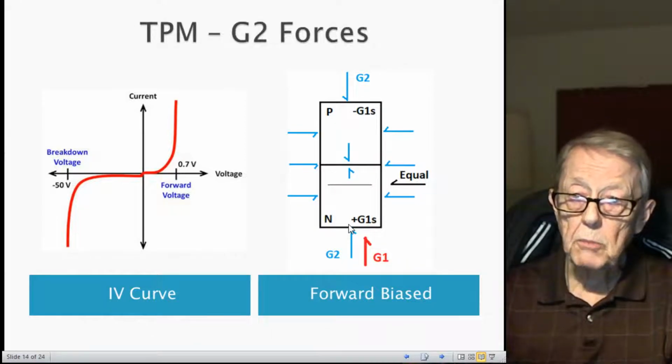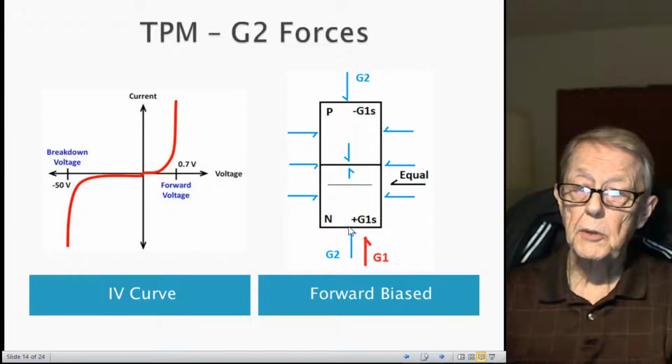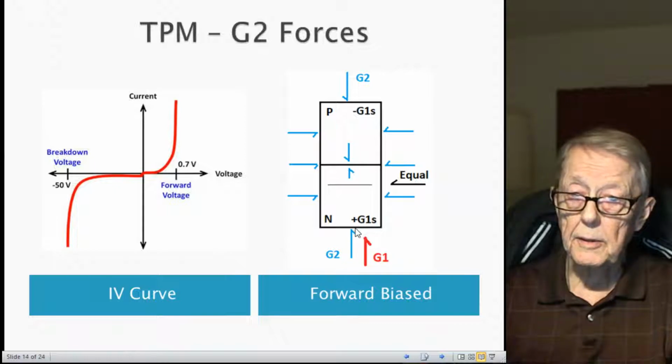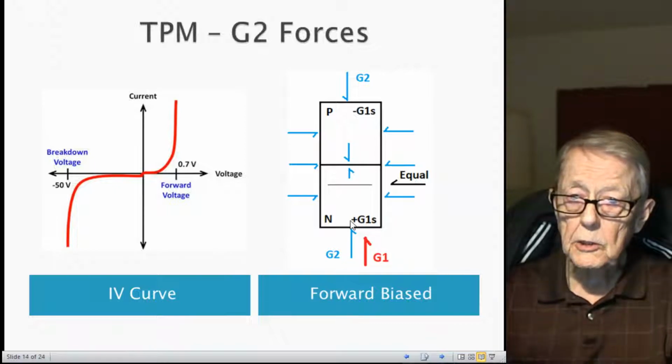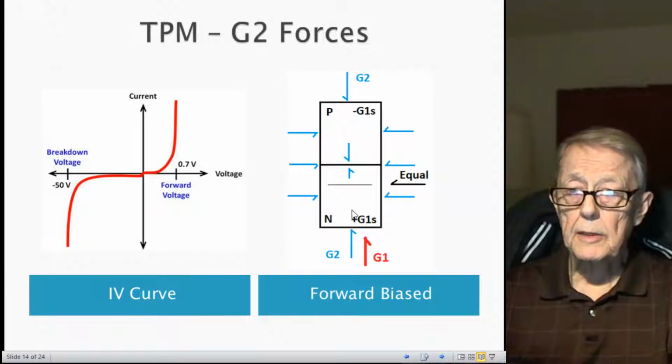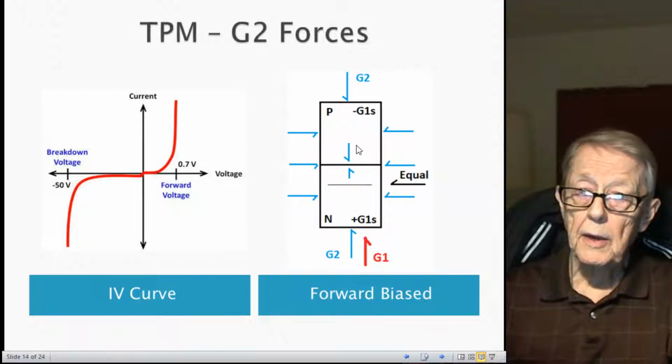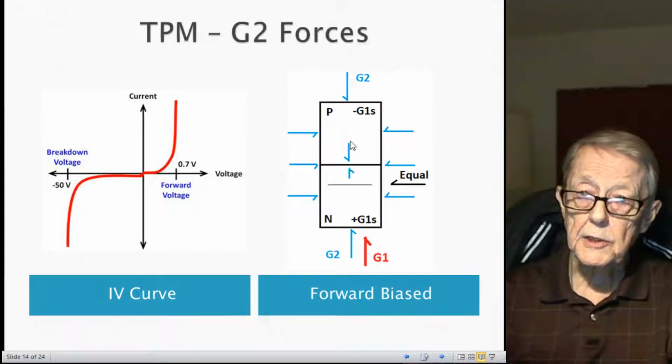It loses more in this part because G1s interact very well with the G1 particle. So this loses a lot. So this force is smaller, and this loses not as much, so this force, or number of G1 particles, is larger. You have a net force in this direction.